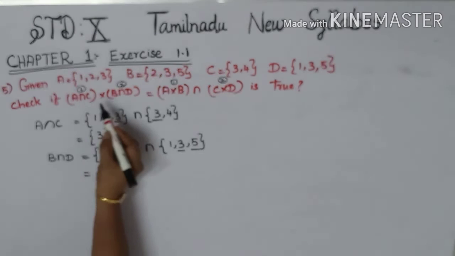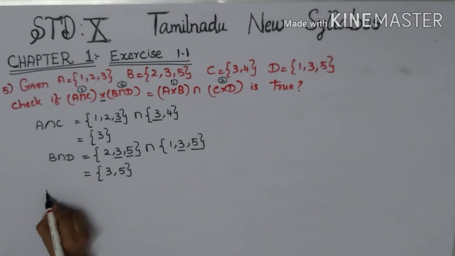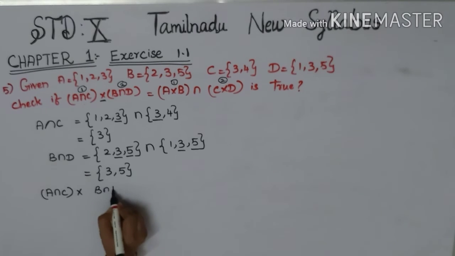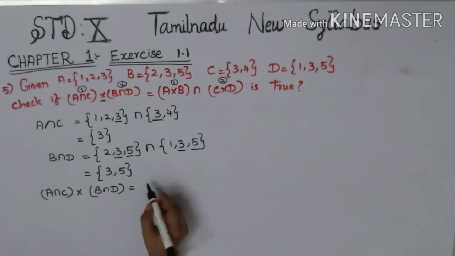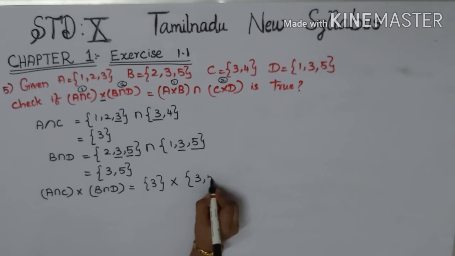Once you finish your first step and second step, you will have to find your cross product. So it is A intersection C cross B intersection D. Write your A intersection C answer, it is {3}. Then put your cross. Your B intersection D answer, it is {3, 5}.